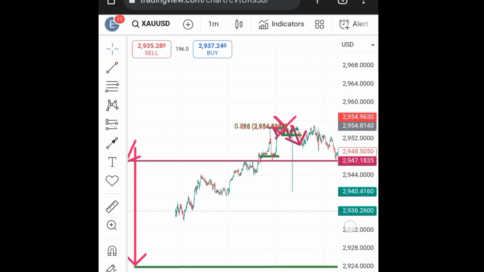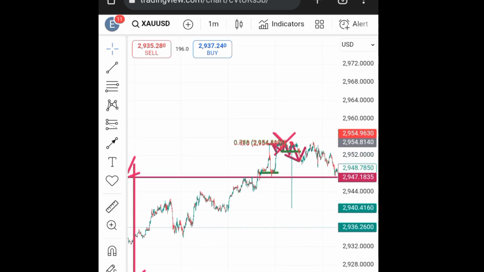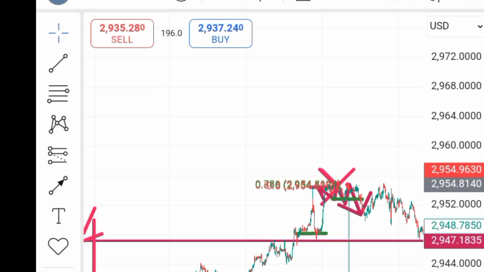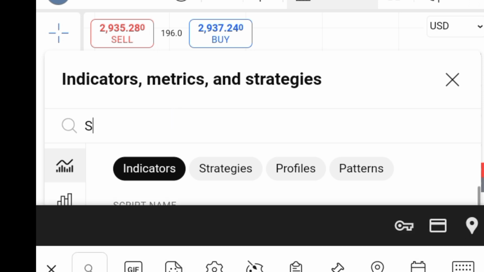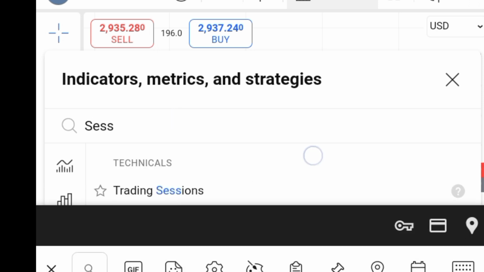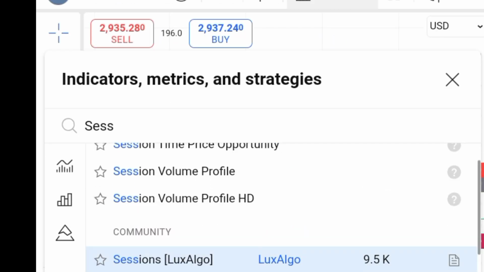Your first entry will be the liquidity grab. I've mistakenly deleted the sessions indicator, which is supposed to show the liquidity grab. Let me add it up.